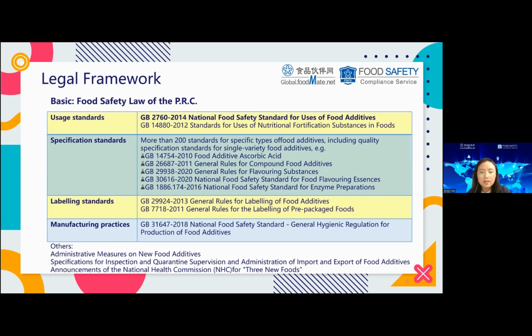In addition, we also have the administrative measures on the new food additives and the announcement issued by the NHC regarding the three new foods, and so on.